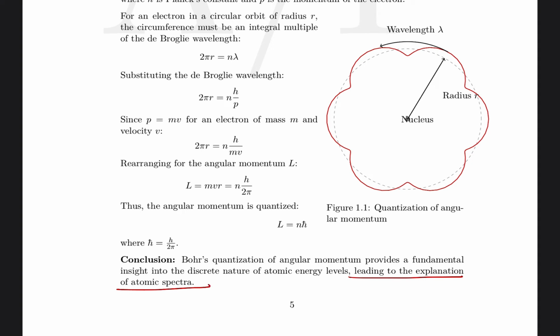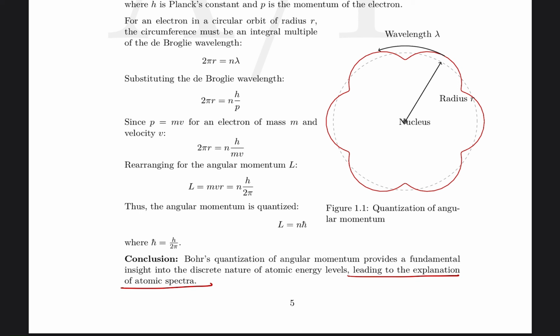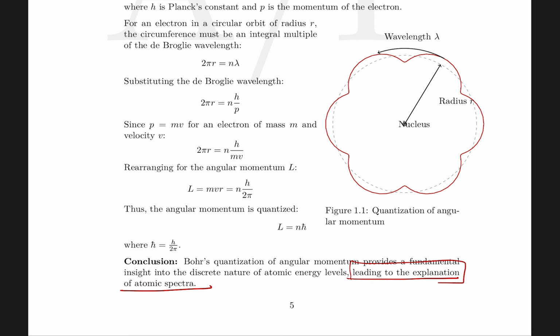As we will read further in atomic physics class, this quantization of angular momentum of electrons ultimately leads to the formation of atomic spectra. Some of us would vaguely remember from class 11th or 12th that the atomic spectra is formed only because of the quantization of angular momentum of the electrons according to Bohr's model. So this should be mentioned in your conclusion. That would definitely provide you some extra marks.